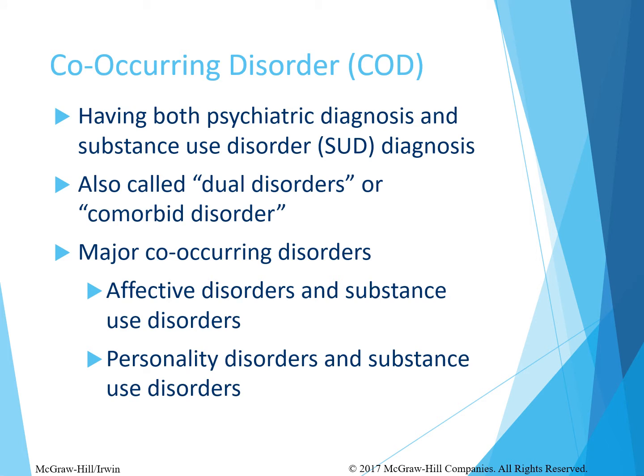Co-occurring disorders is when one or more psychiatric disorders exist along with at least one substance use disorder. So you may have 2 psychiatric disorders, such as anxiety and depression, along with 2 substance use disorders, such as alcohol use disorder and cocaine use disorder.